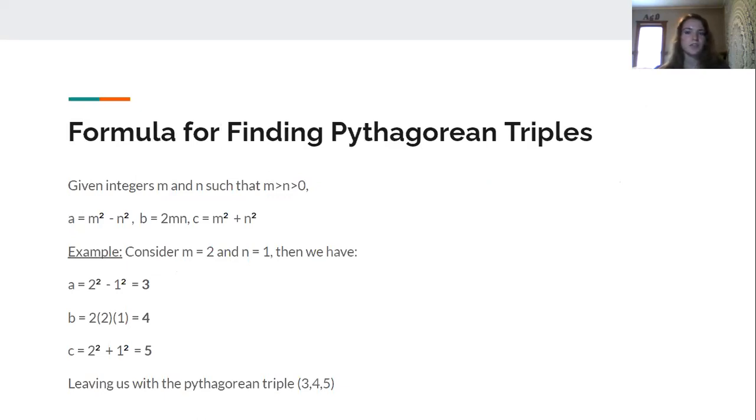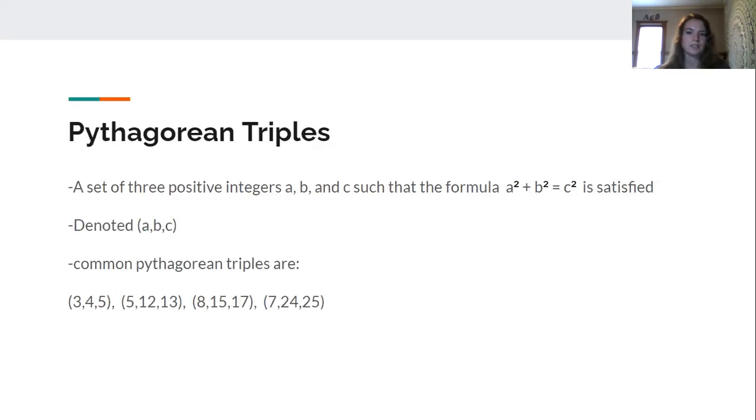So one thing that Euclid did was that he found a formula for finding Pythagorean triples. Because if you look back at this list, a lot of them are just kind of random pairings. And it can be hard to find integers that are going to perfectly match up and fill that equation.